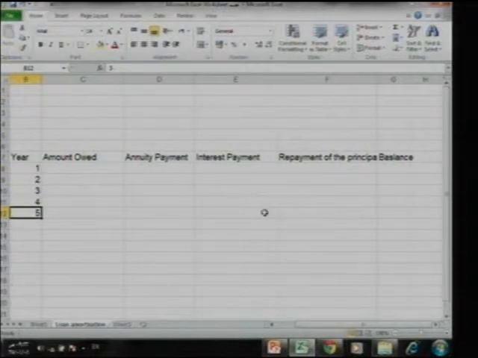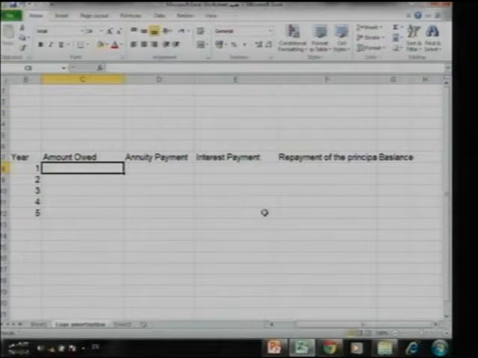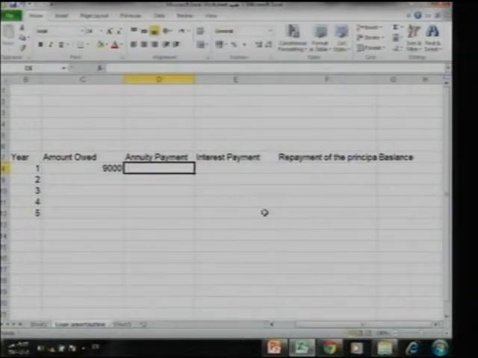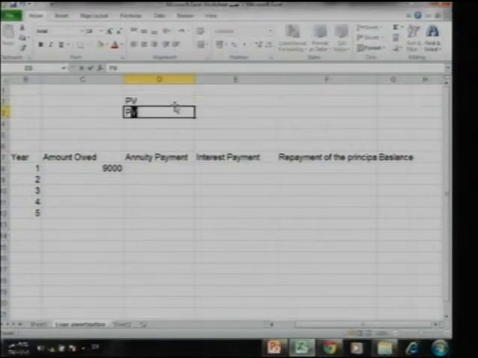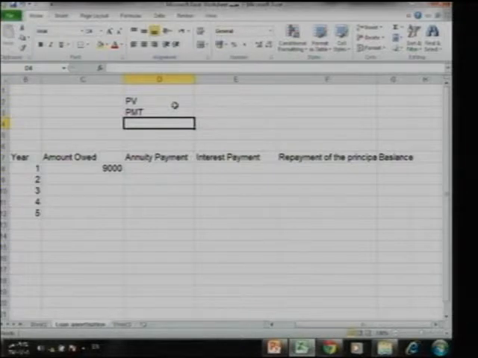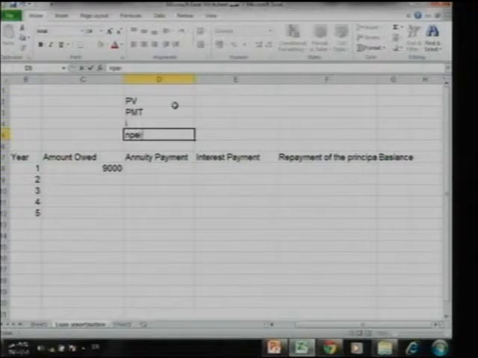Okay, fine. Now, what is the amount in the first year? It is $9,000. We have to write down the information related to the loan: the present value, the payment, and the interest rate, i, and the number of periods.